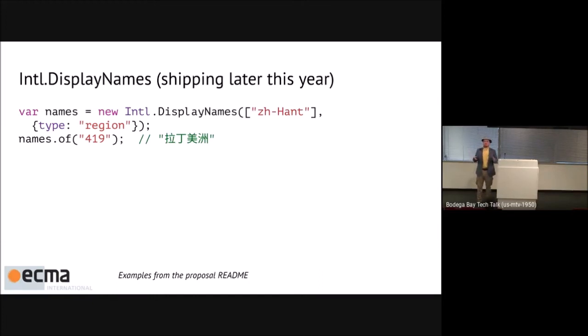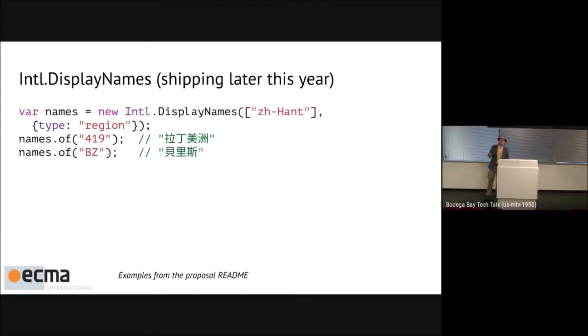That string is already in the browser, but it's not exposed. You can't use it in JavaScript. But now you can use it in JavaScript, at least you will be later this year, and in Chrome. We'll be able to do it later this year in Chrome, asterisk. But this is what that might look like.